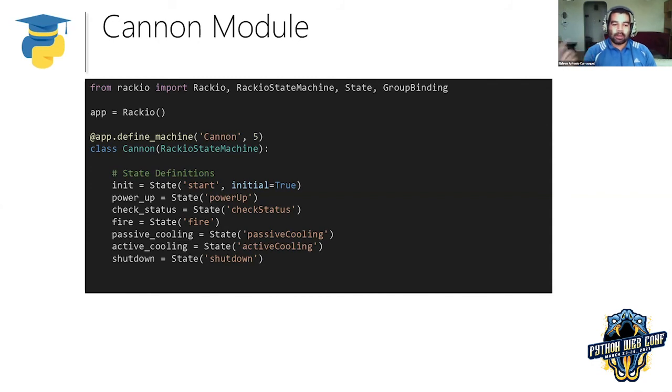Every 5 seconds, the machine is going to get executed, whether it is a transition or a state. And we define the states according to the state diagram that we had in the previous image. So we have the init, the power up, the check status, the fire, the passive cooling, the active cooling, and the shutdown. So it is one state for each one of the states in the state diagram, okay?